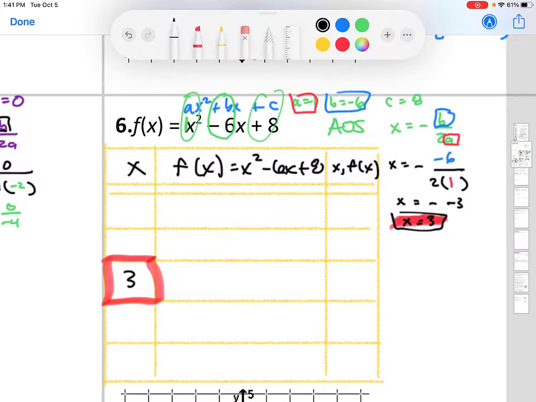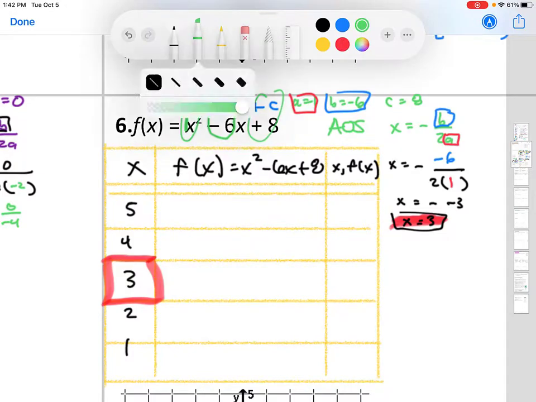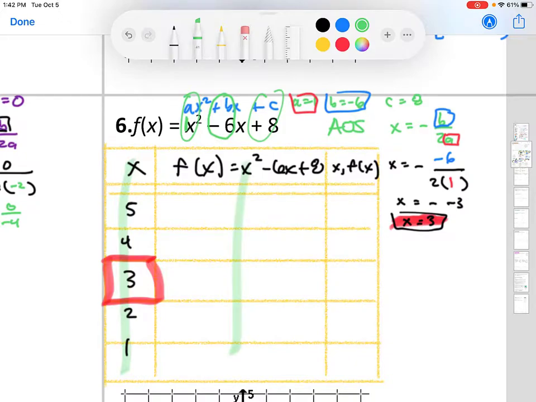I think it's easiest just putting that number in the middle and then counting numbers by 1. So 4, 5, so it's counting by ones. Okay, so all these x values you're going to put in here and here. You can put in the f of x value, but I don't want you to get confused on those. So let's go ahead and just do a substitution.